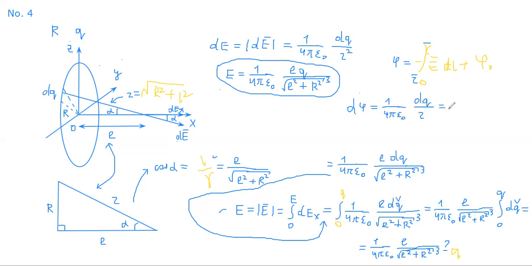It is electric potential of point charge. 1 divided by 4π epsilon 0, dq divided by a square root of L squared plus R squared.